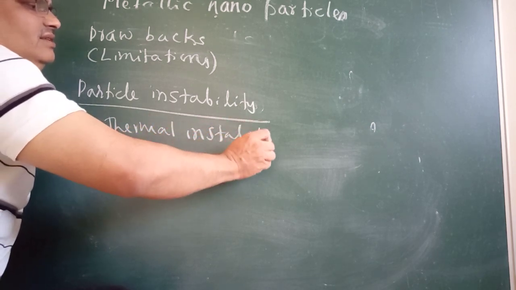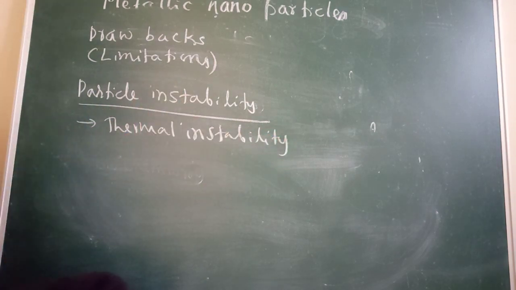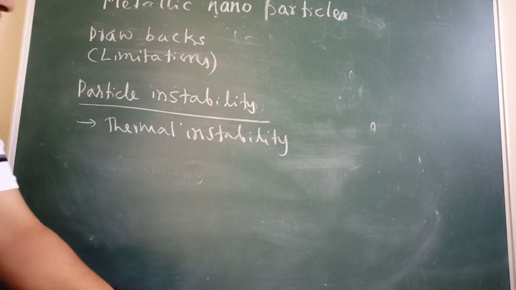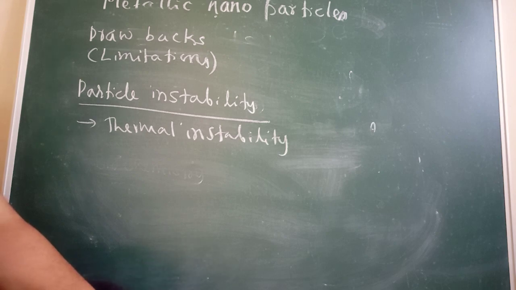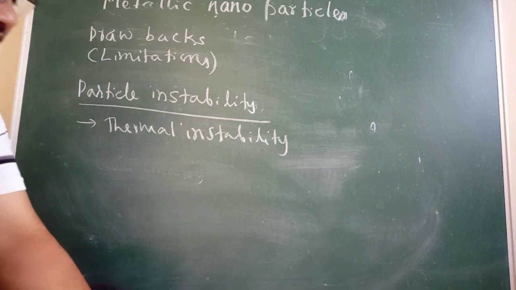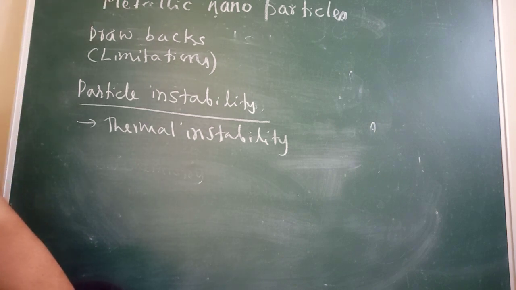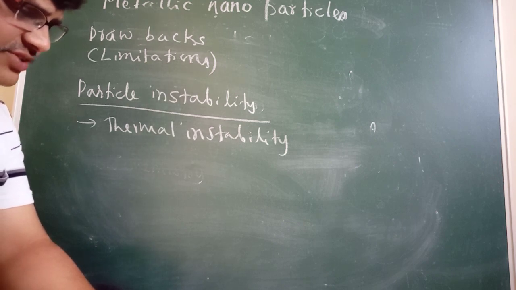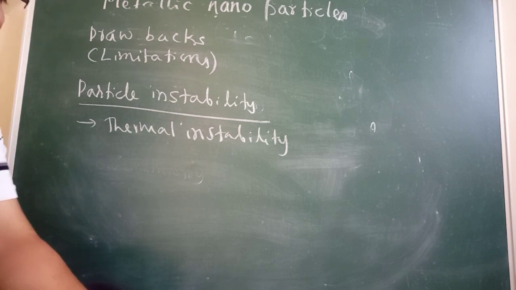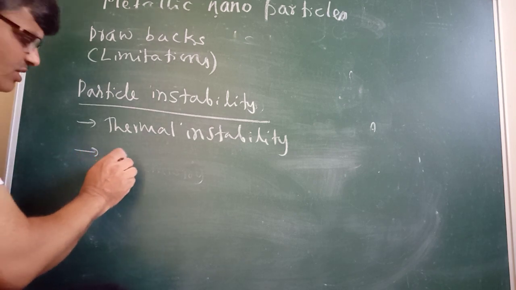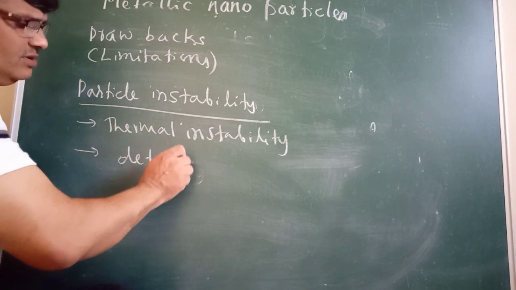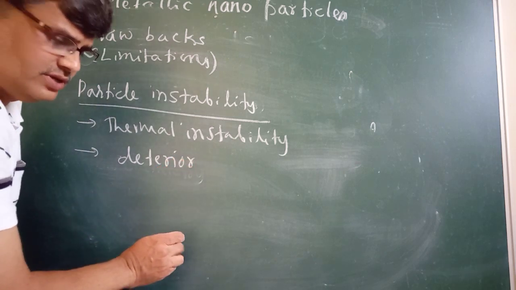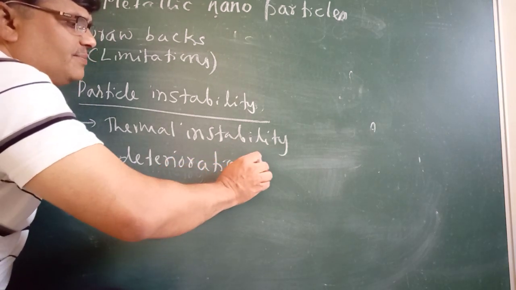We know that metallic nanoparticles have a very small melting point. That is one drawback of the nanoparticles, and they are also thermodynamically unstable, so there is deterioration of quality.